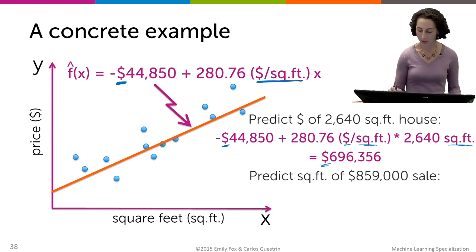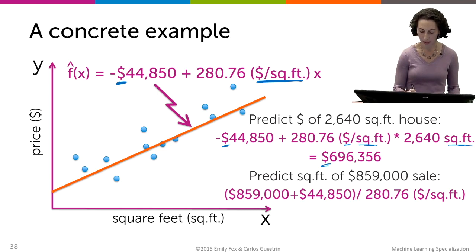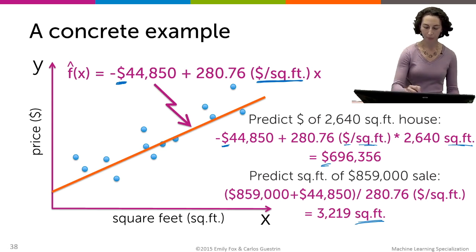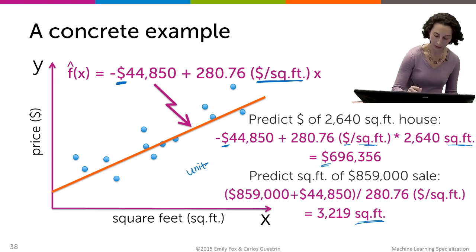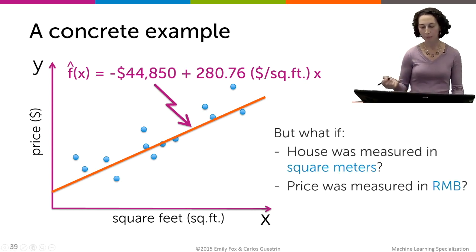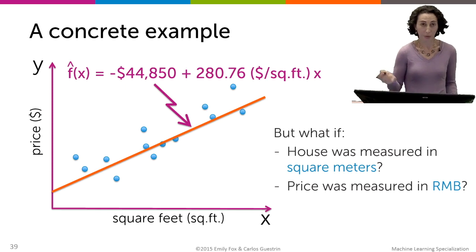And likewise, when I use the equation in reverse, I have dollars divided by dollars per square feet, and I end up with something that's in square feet. So units work out, which is great. But what if the house was measured in square meters instead of square feet?